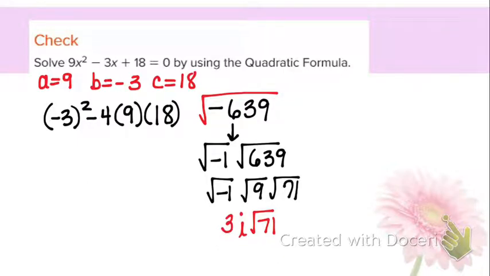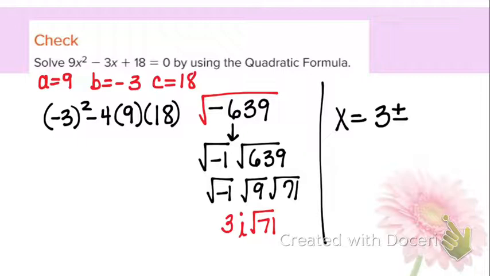So let's write our answer. So x equals, and it's the opposite of b. So notice that b is -3, and you always flip that sign when we write our final answer. So it's not going to be a -3, it's going to be a +3, plus or minus. Now I'm going to write my discriminant that we already simplified.